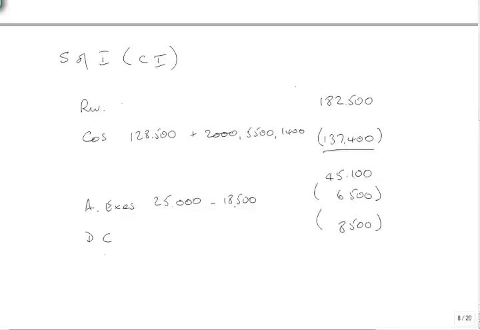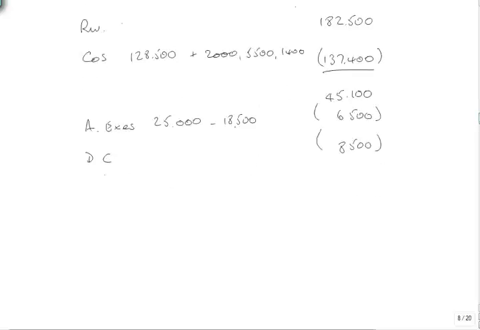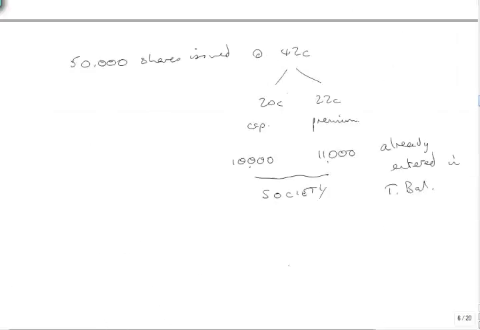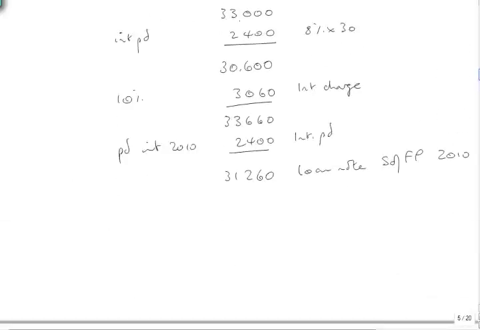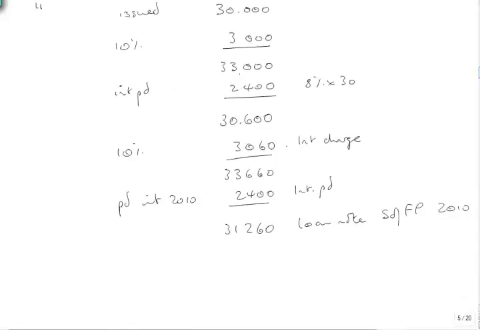Then we've got the loan interest, the finance charges. Loan interest paid was 2,400, but then we had that 660, wasn't it? Just let me check. The loan, the effective interest, 3,060 should be.